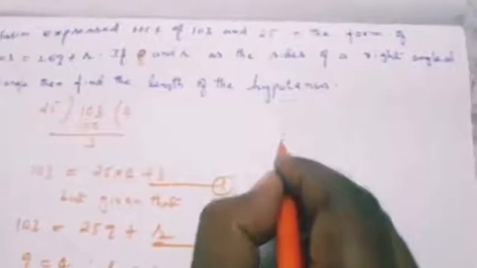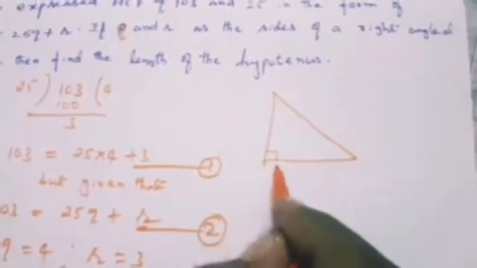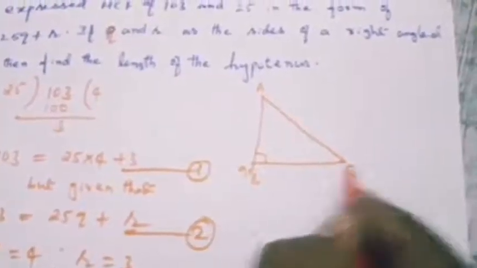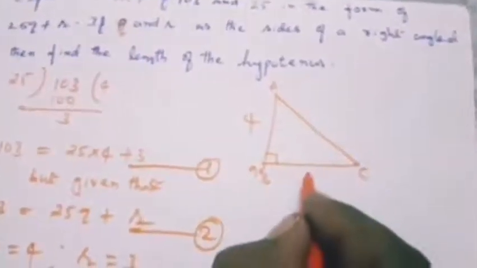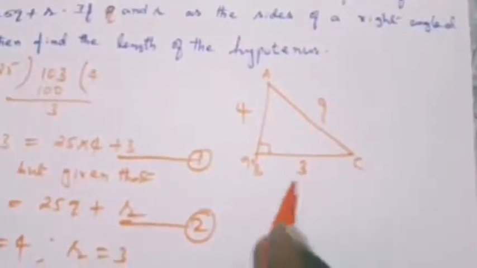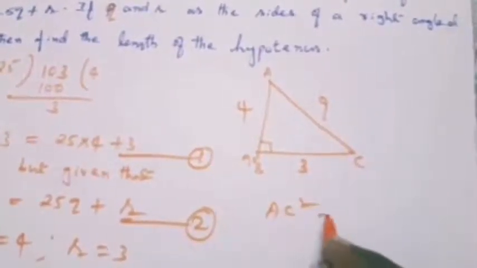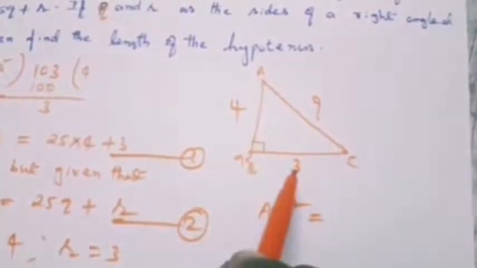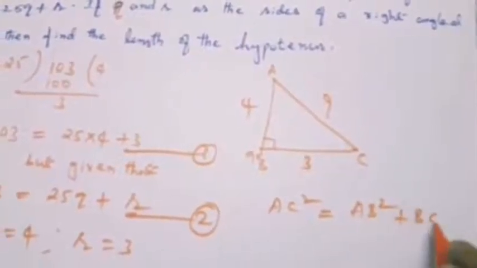Okay, a right angle triangle is 90 degrees here, A, B, C. So let me take 4, 3. This question mark, I need to find the hypotenuse. Okay, so using Pythagoras theorem, AC square, the square of the hypotenuse, is equal to the sum of the squares of the other two sides, that is AB square plus BC square.